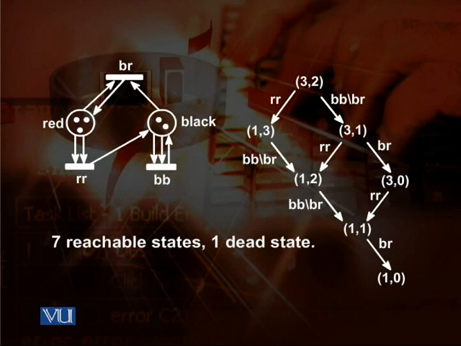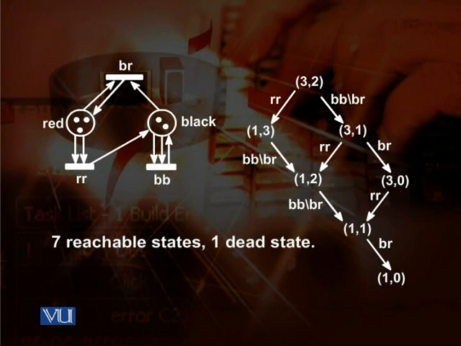When the first transition BR is fired, it takes a token from both the red place and the black place and deposits 1 token back into the red place. So if we started with 3-2, we will have 3-1 after this transition is fired.